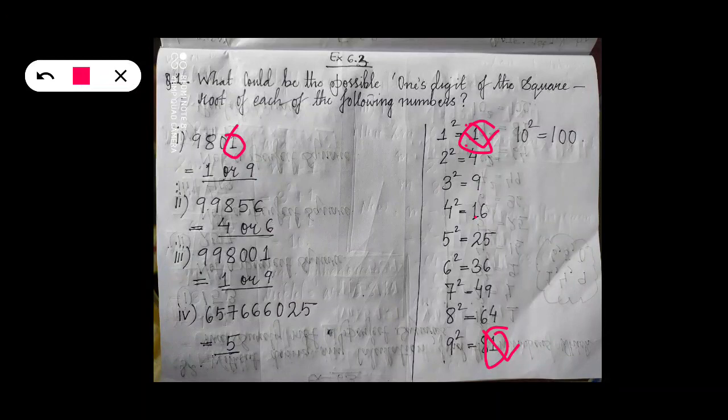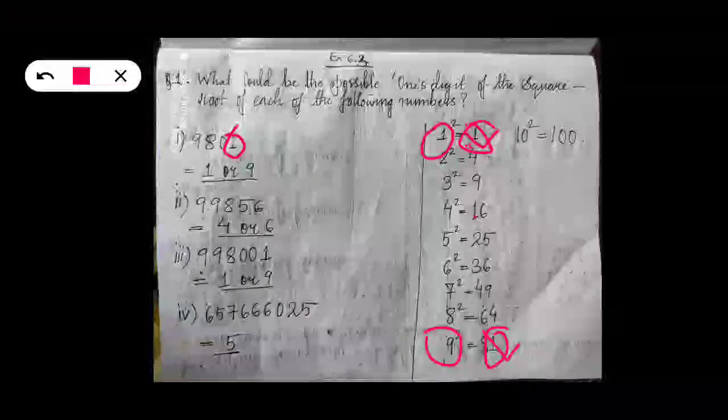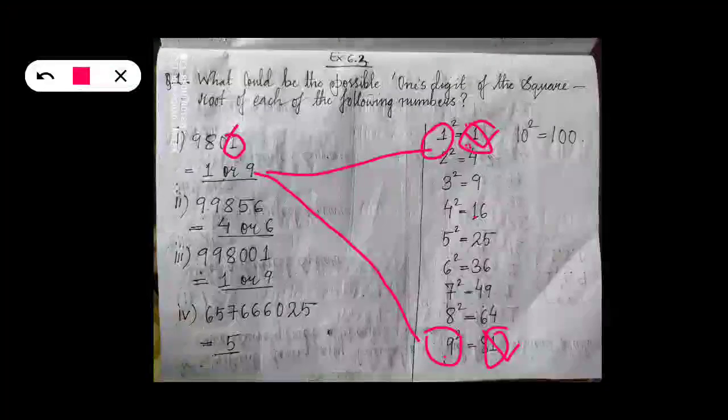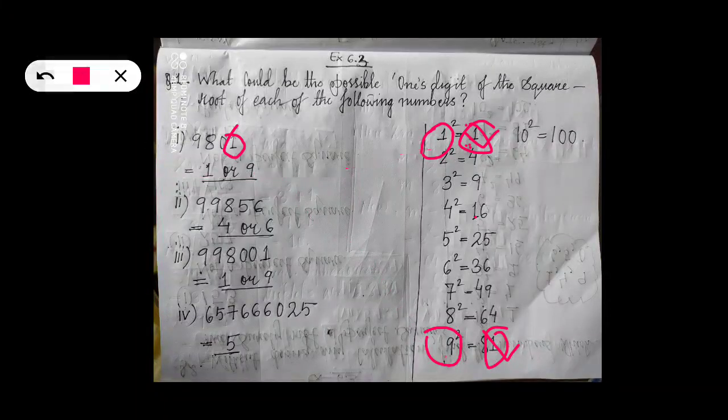Now this is related to which number? 1. And what is here? 9. That's why the answer is either in the unit place of the square root of 9801 there will be 1 or 9. I know some of you are confused. Now see the next one, then you'll understand. What is the unit place here? 6. Now let us check where is 6 in the unit place.